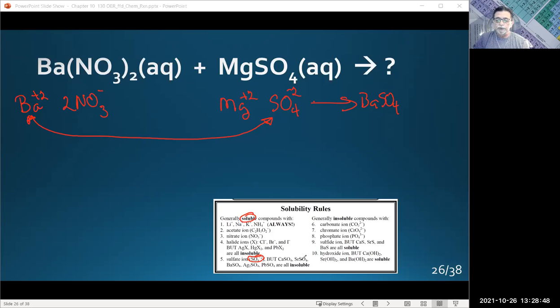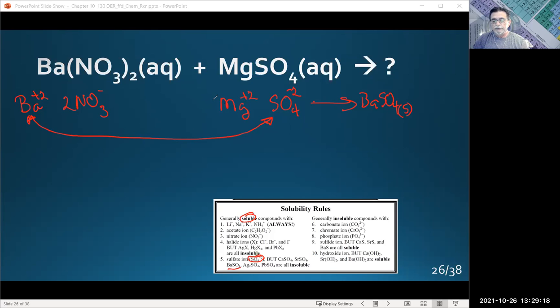However, there are 5 examples where the sulfate is insoluble, and sure enough, right there, we have calcium, strontium, barium, silver, and lead. Barium is one of them. So that tells me right away that it's insoluble. I can put an S there. And that means also that I have a positive reaction.